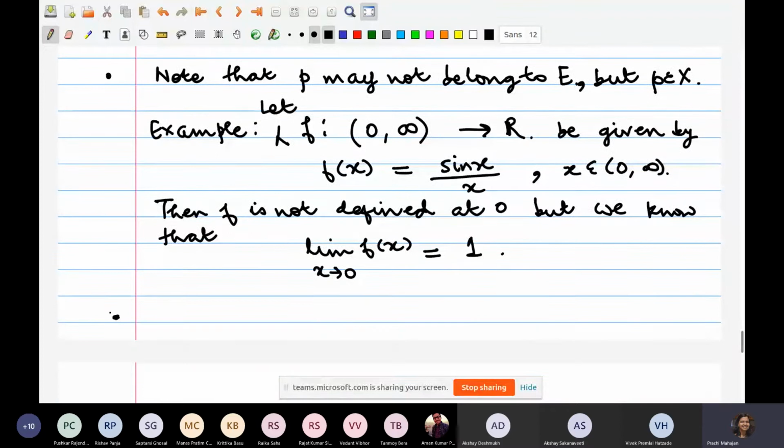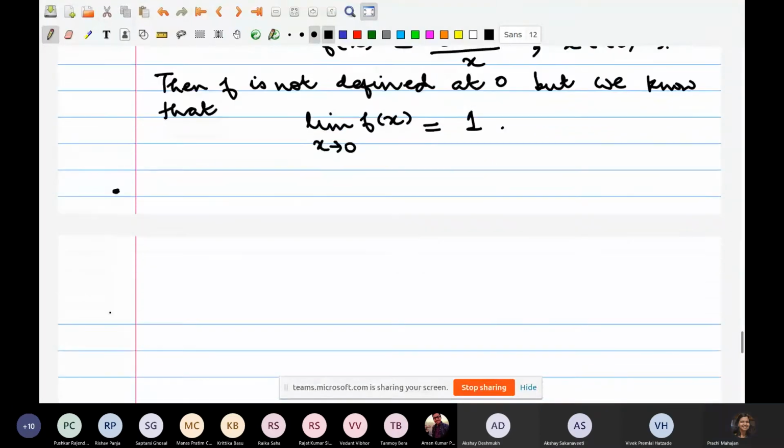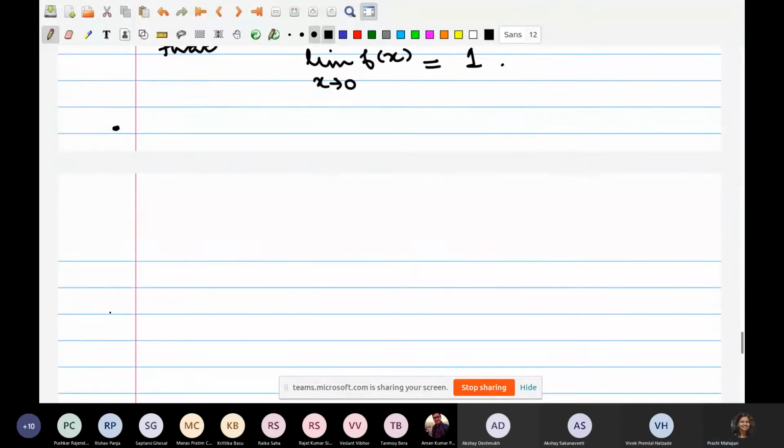Again, this is something that you already know, but let's just note that one more time. So even if the point P is indeed in E, it may happen, it is possible. So both ways is possible.